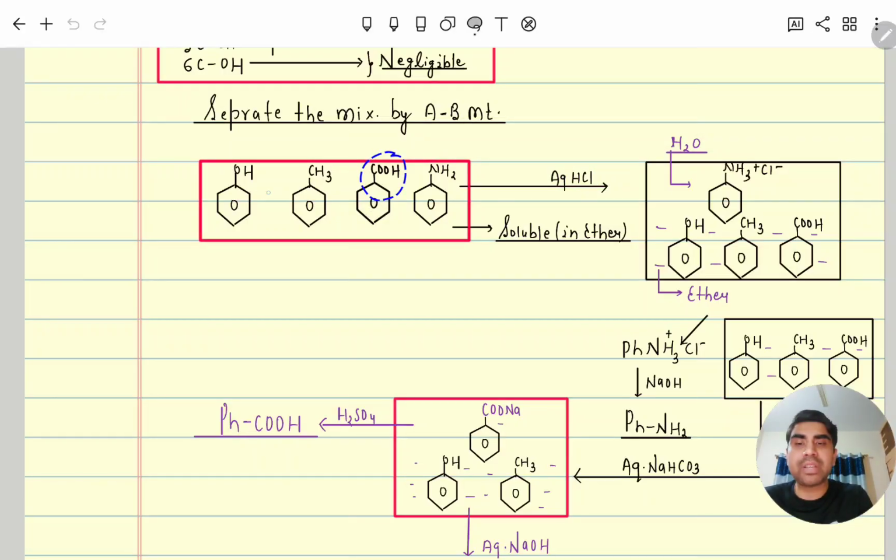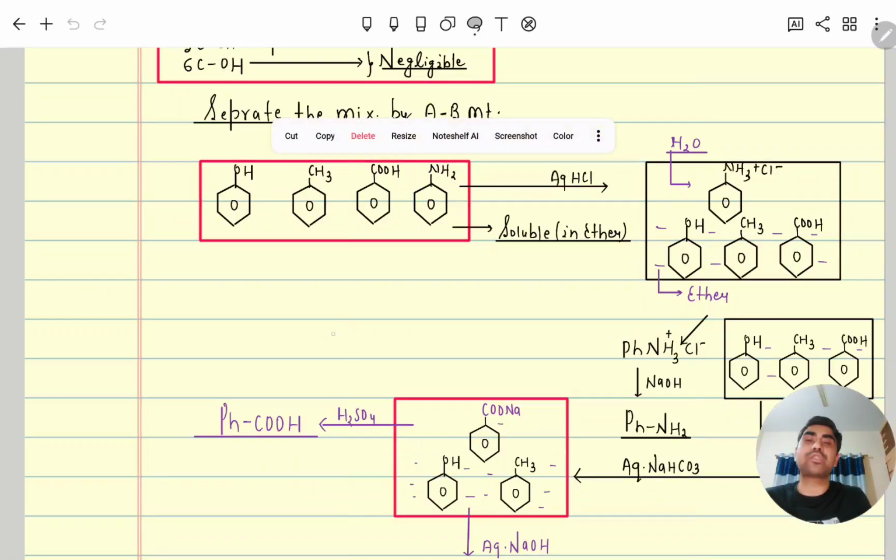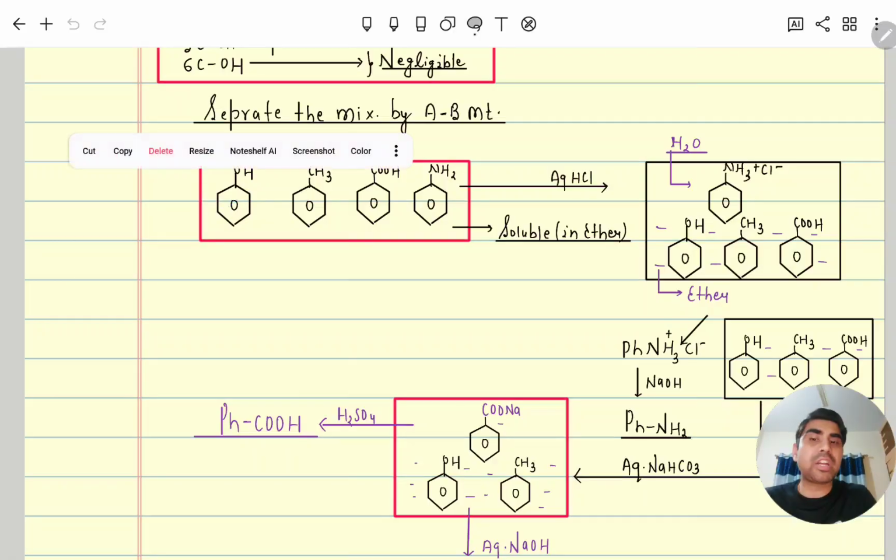This one is also an acid, this one is also an acid, this one is neutral. Here aniline is a base, so it will react. You know that in acidic strength order phenol is there, after that water, and then alcohol. So this will not react with acid. So which one will react? This is also an acid. Acid reaction is not possible. So yes, this base will react with this acid.